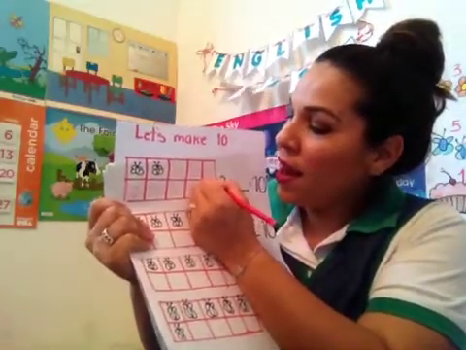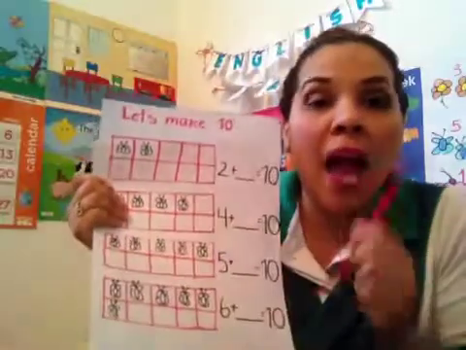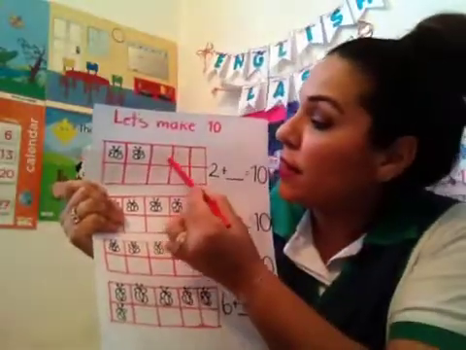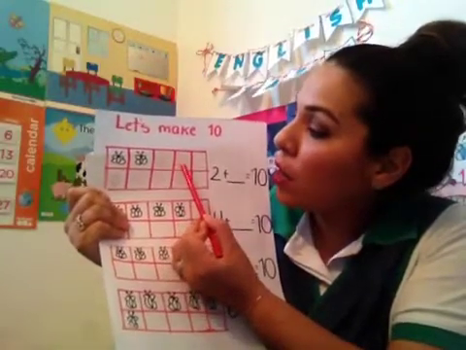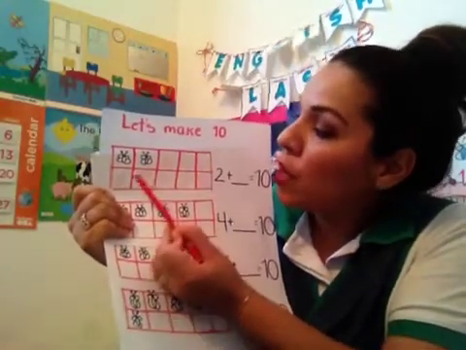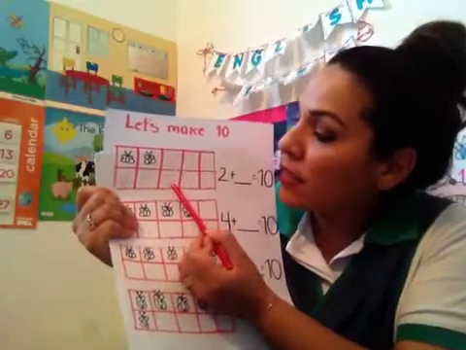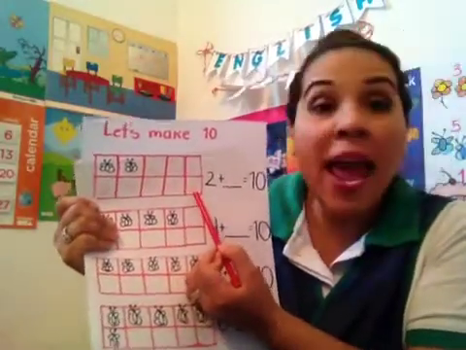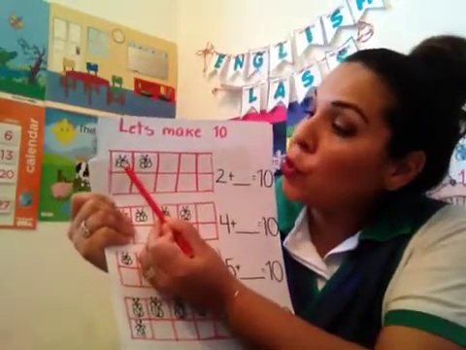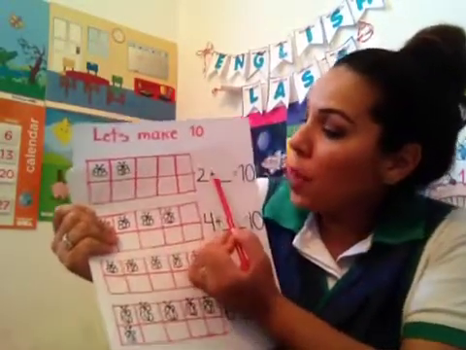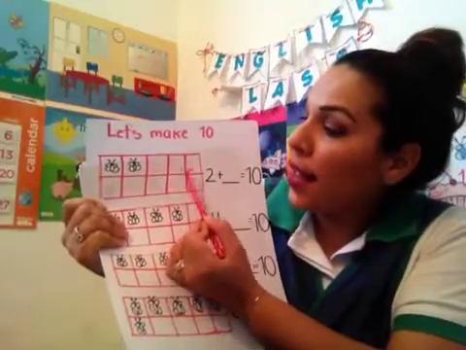Okay? Now I have 10 butterflies. How many butterflies did I draw? Okay, let's see. 1, 2, 3, 4, 5, 6, 7, 8. 8 butterflies. So, 2, 1, 2, plus 8.